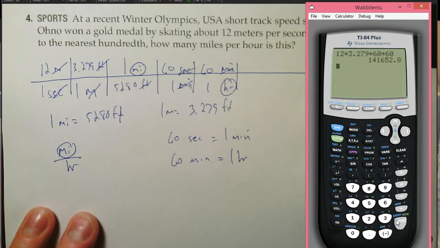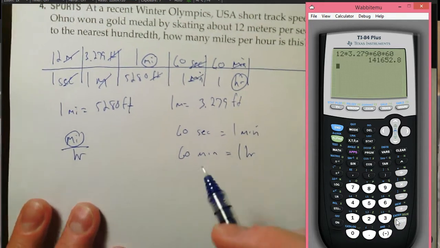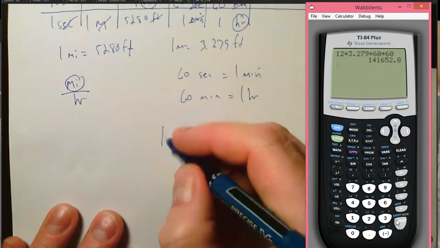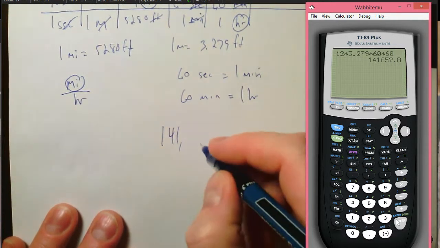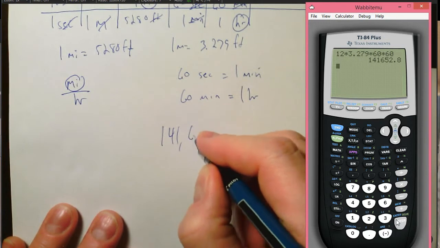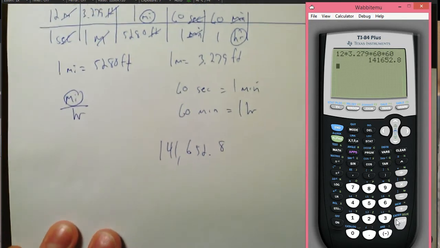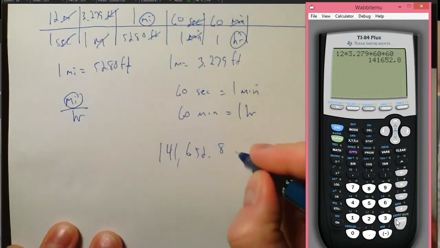That gets me a pretty good sized number: 141,652.8, technically miles.